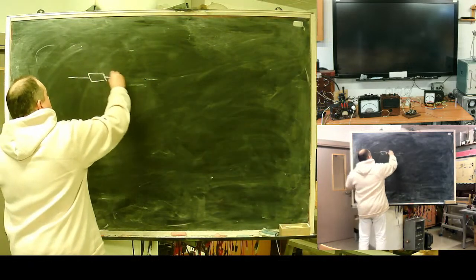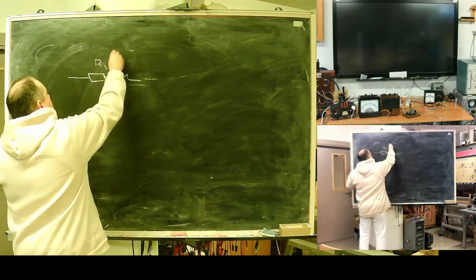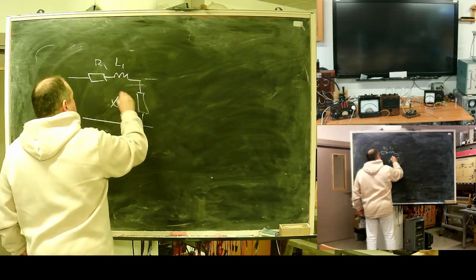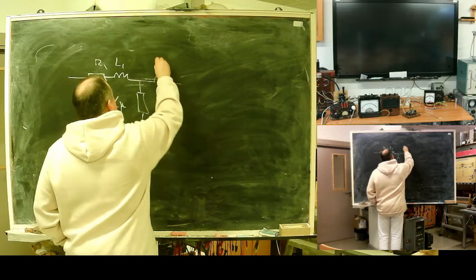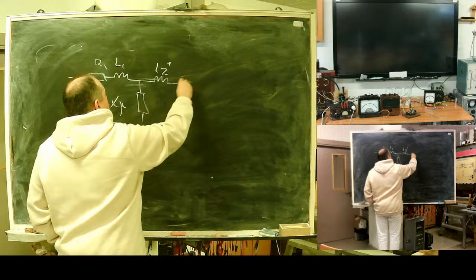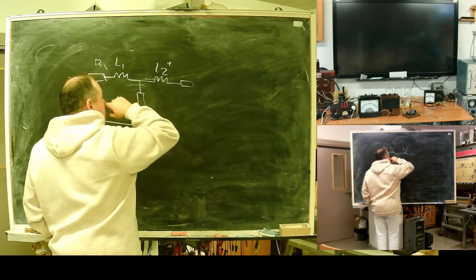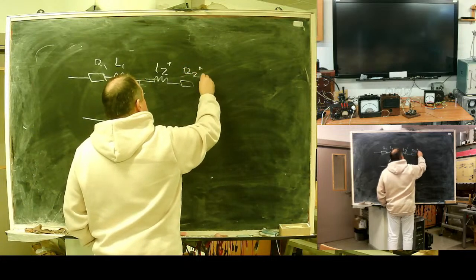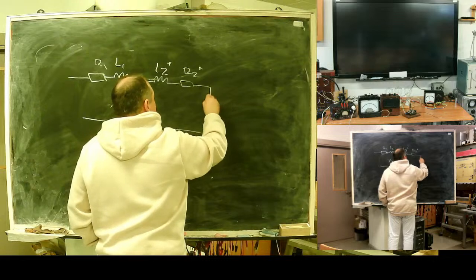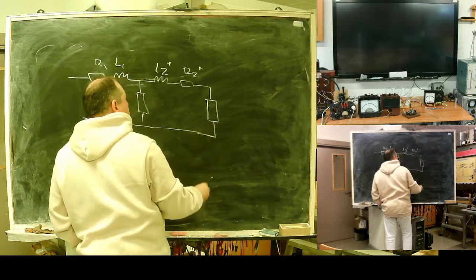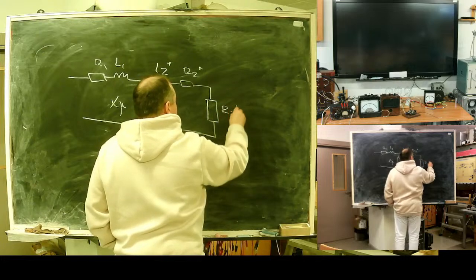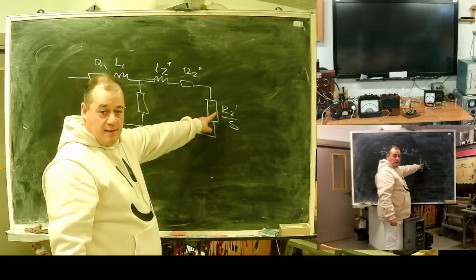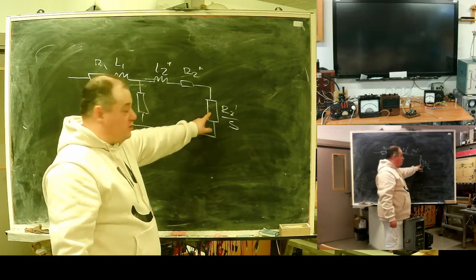secondary, this is the resistance of the secondary winding copper, and this active resistance for the machine load.